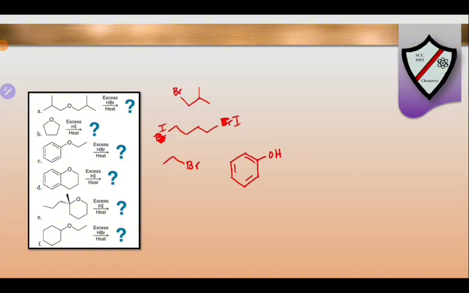In the third example, if we break that bond there, again we would have substitution at an sp2 center, so that's probably not going to happen. So we're going to form phenol there. If we break off that bond there, we do just have an alkyl chain.